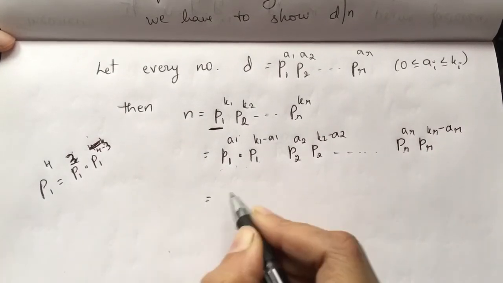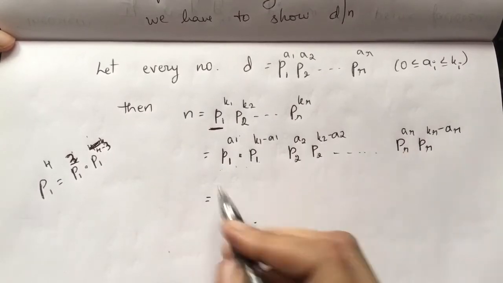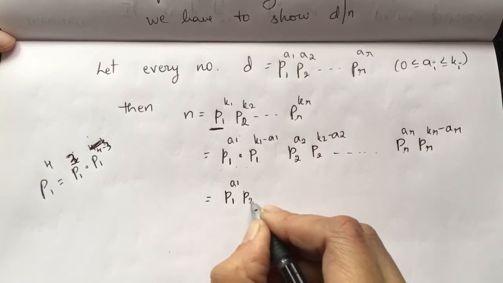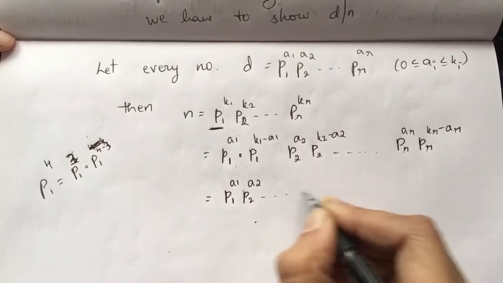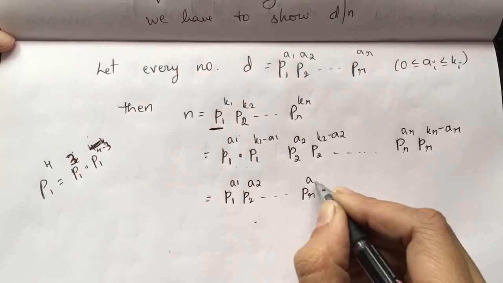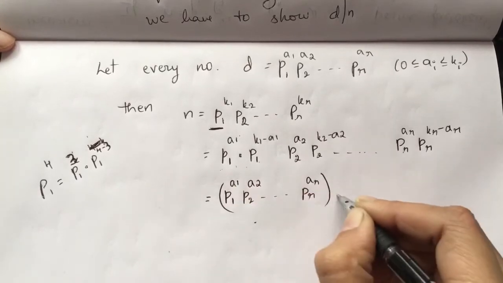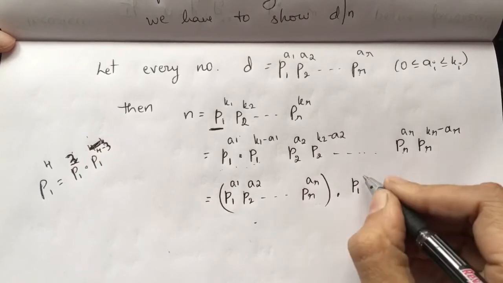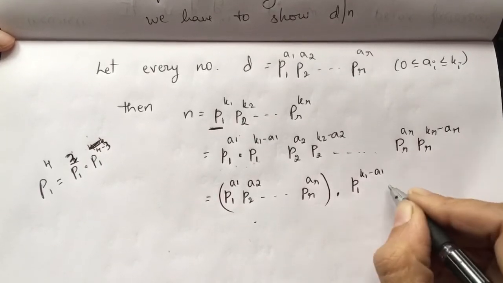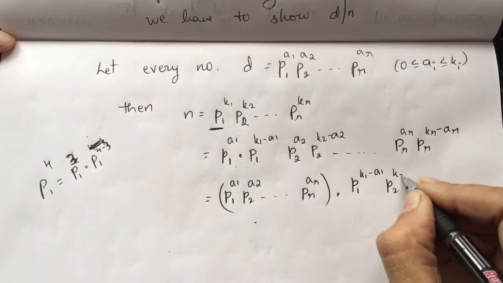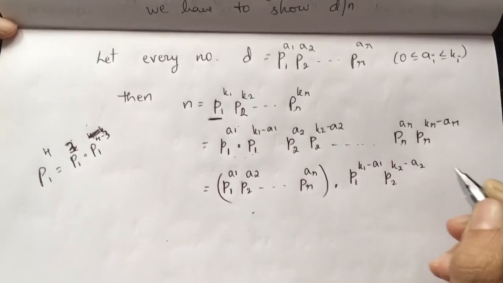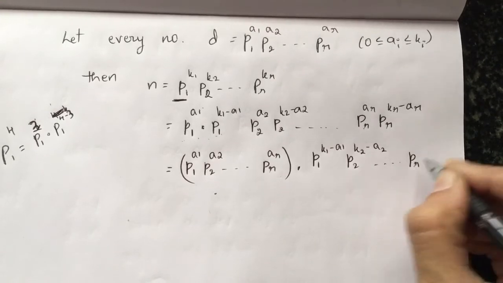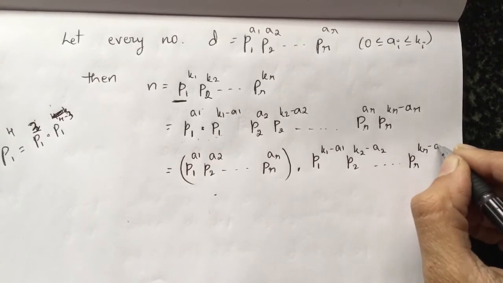I'm clubbing all the terms which have powers in ai's. So p1 power a1, p2 power a2, up to pr power ar, into the remaining terms p1 power k1 minus a1, p2 power k2 minus a2, up to pr power kr minus ar.